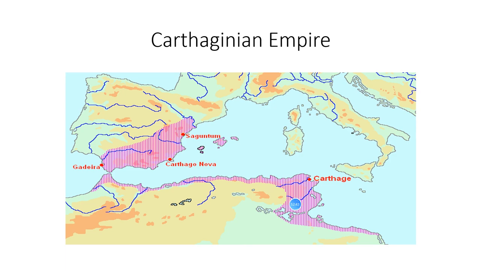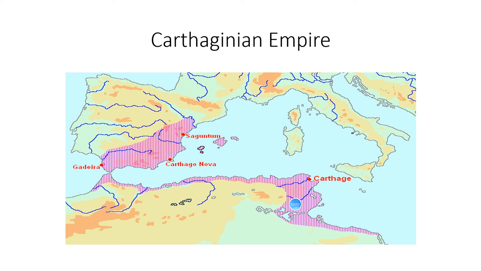Carthage in North Africa was a city founded by the Phoenicians. And by the 3rd century BC, they had really built up an empire that included the coast of Libya, Tunisia, Morocco, Algeria, and a significant section of Spain.